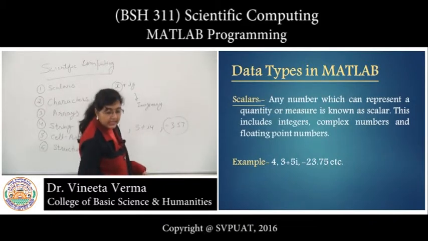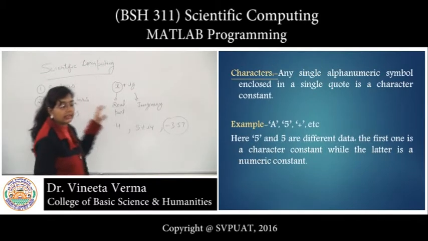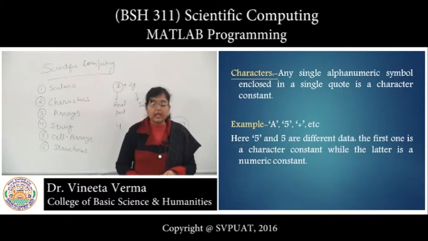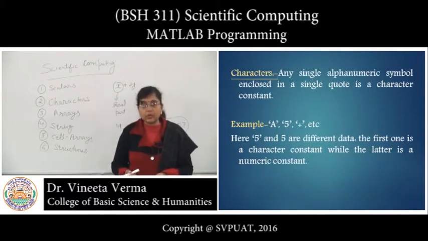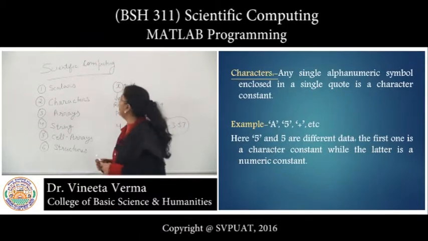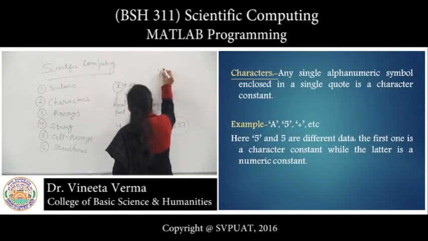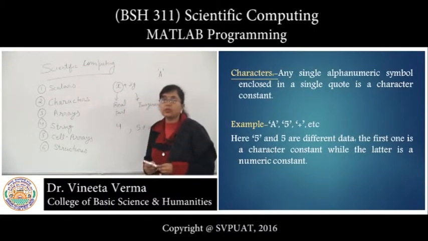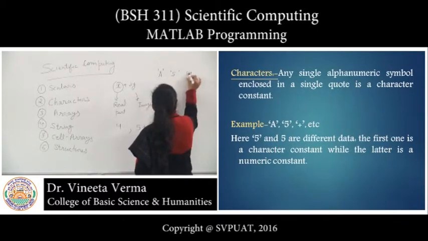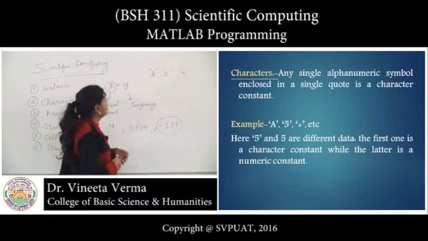Okay. Next one is character data types. Character data types are any single alphanumeric symbol enclosed in a single quote, which is a character constant. For example, 'A', it is enclosed by a single quote. '5', this is enclosed by a single quote.